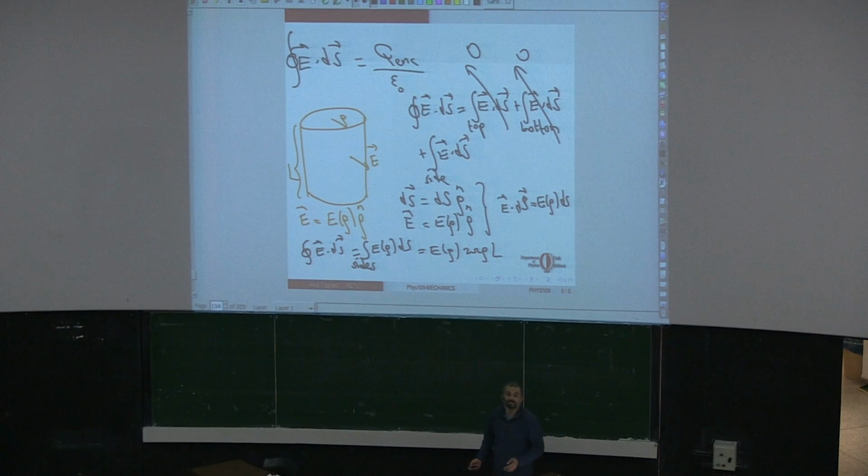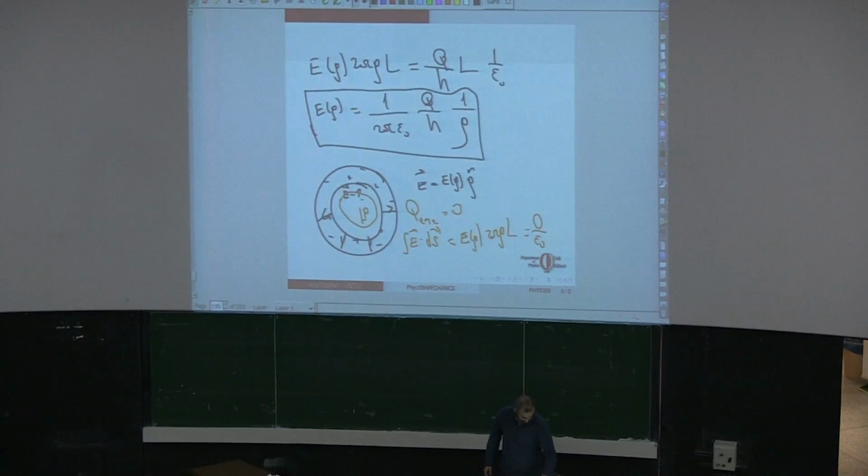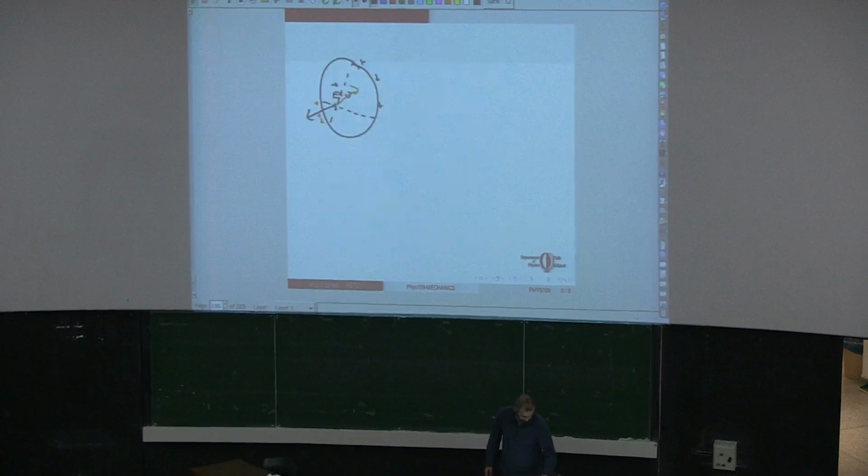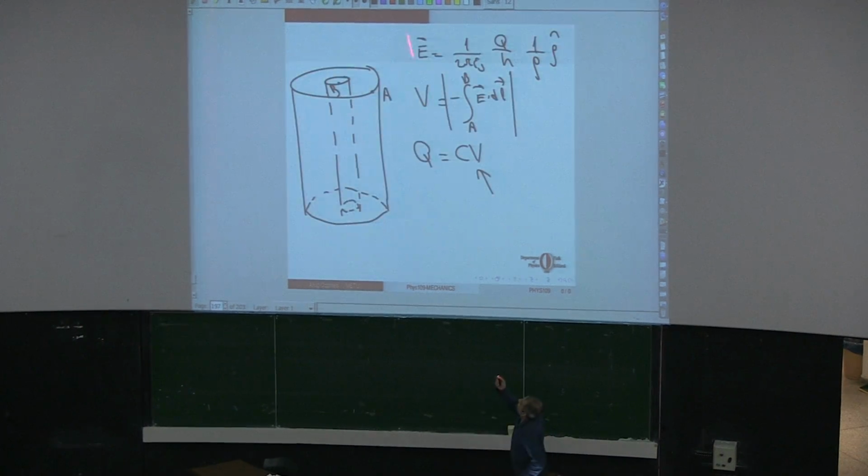To calculate the potential difference, we first had to evaluate the electric field. Once we have the electric field, we could obtain the potential. And the potential difference turned out to be proportional to the charge that we separated, and the proportionality constant, again, let us know what the capacitance was.